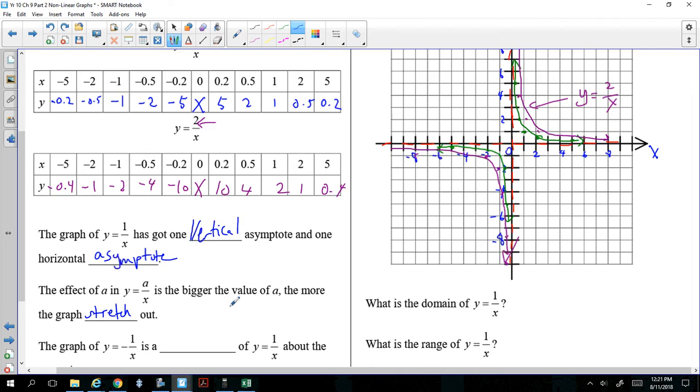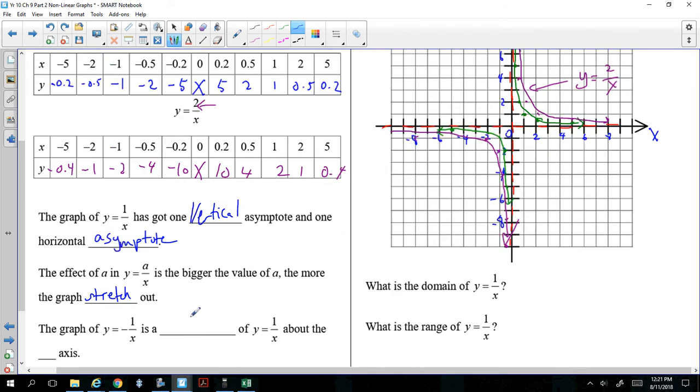Now, if you have a negative in front, let's say I have a different pen. Let's use a black one. Okay. So the graph of this is a reflection of 1 over x about the x-axis. Okay. Now, how do we know? So if I draw it, it will look like this.